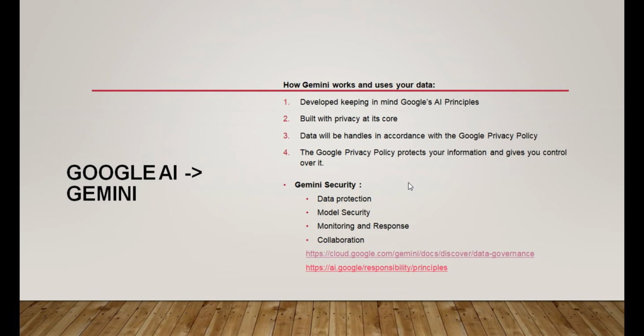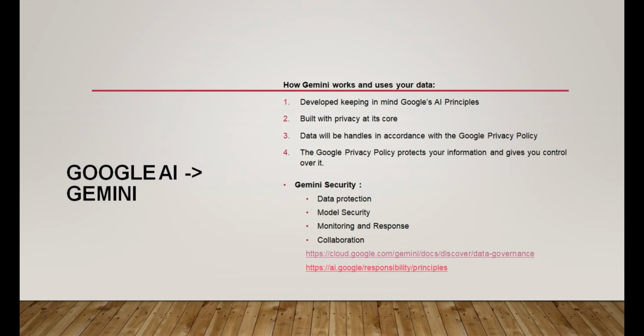So, Gemini security. Data protection: Google uses encryption and other security measures to protect user data. Model security: the techniques protect the Gemini model from tampering or unauthorized access. Monitoring and response: Google has systems to monitor and respond to security threats quickly.